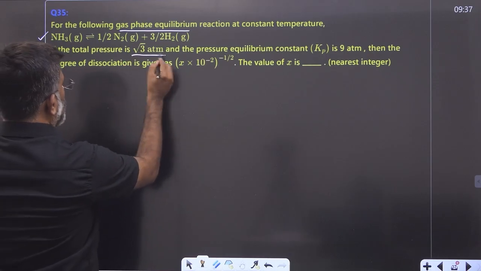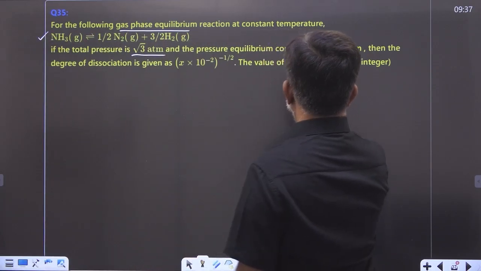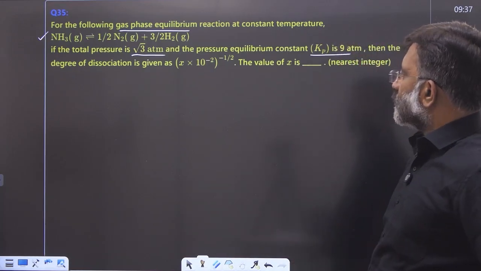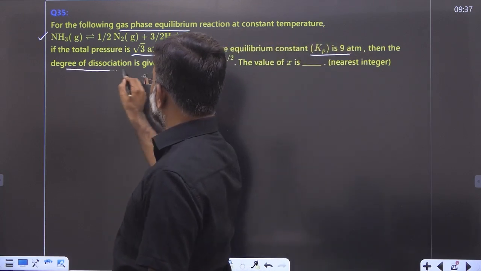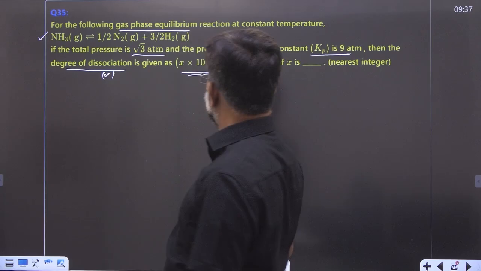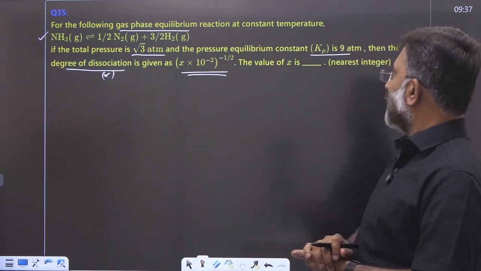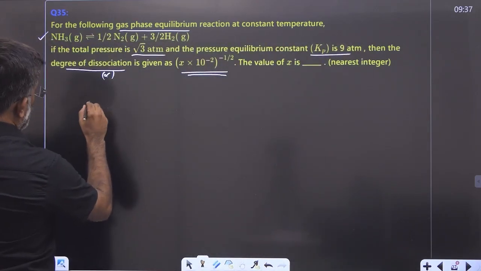Total pressure given root 3 atm at equilibrium, and equilibrium constant Kp given 9. The question is, what is the degree of dissociation? We need to find out alpha, which is given as x into 10 power minus 2 whole raised to half. What is x? That is the question. So let's try to figure out.